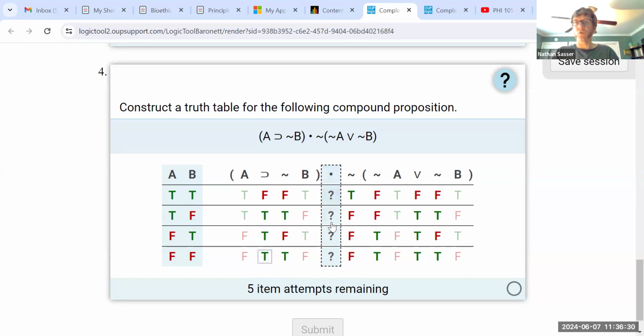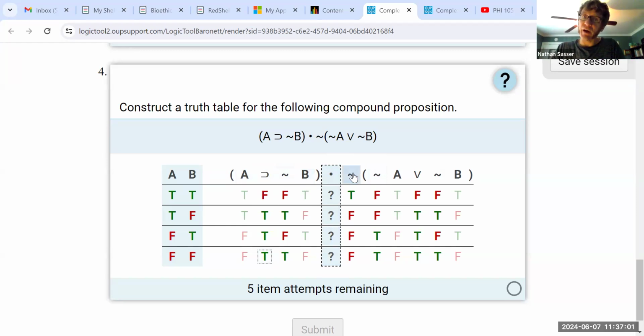All right, let's move on to our main operator now. So it's a conjunction, and. That means both conjuncts have to be true in order for that dot to be true. Now, which columns am I looking at? I'm looking at the horseshoe column because that's the truth value of the whole complex statement inside the parentheses.